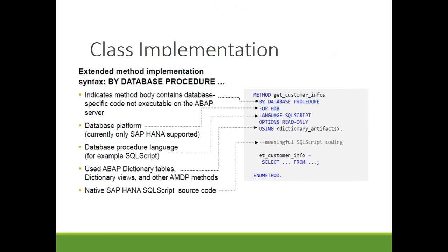And HDB means the current database used for this code is the HANA database, not Oracle or DB2. And SQL script means the code inside is written as SQL script.